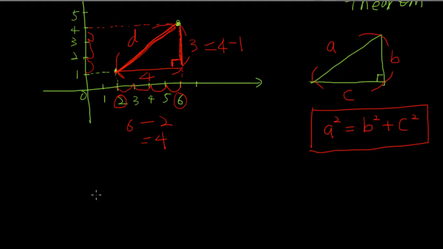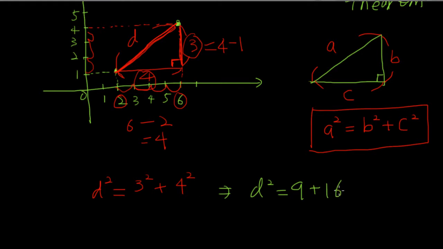So that distance, according to the Pythagorean theorem, D squared must be equal to, it doesn't matter which side, 3 squared plus 4 squared. If I rewrite this, D squared equals 3 squared is 9 plus 4 squared is 16, so D squared is 25.